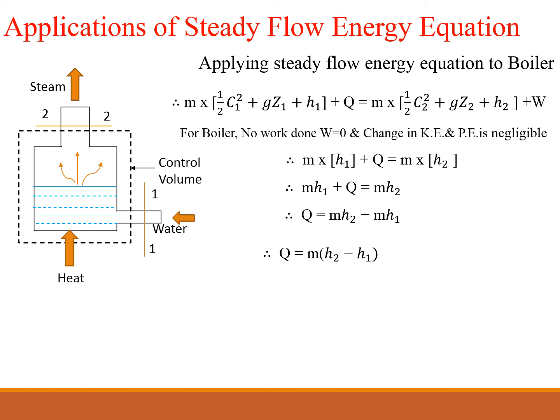Hence, the total heat addition in the boiler is equal to the change in enthalpy, meaning exit enthalpy minus inlet enthalpy. So the steady flow energy equation for the boiler is Q is equal to H2 minus H1.